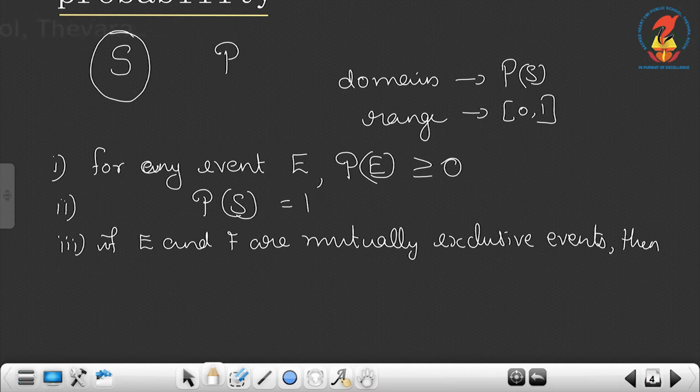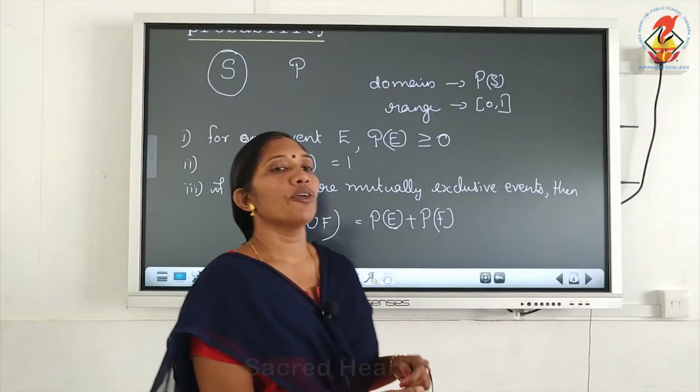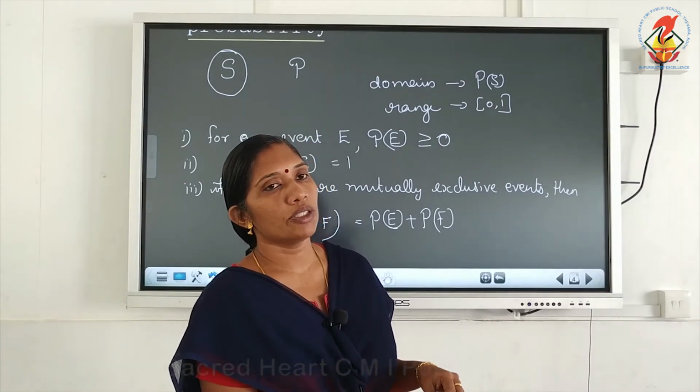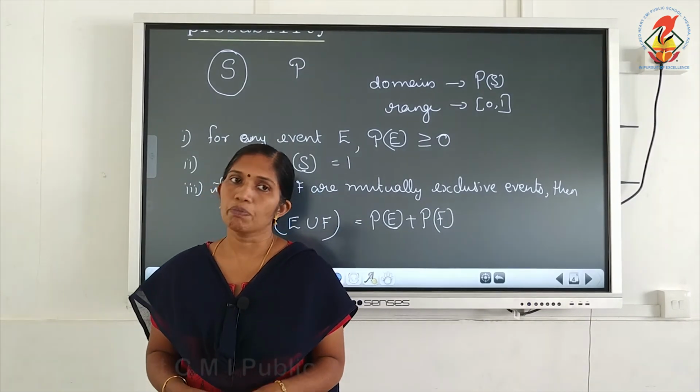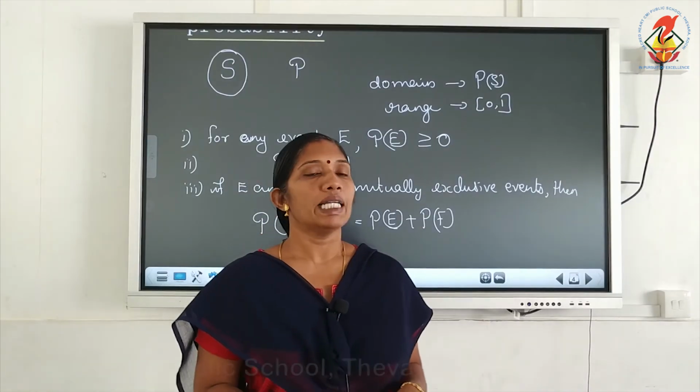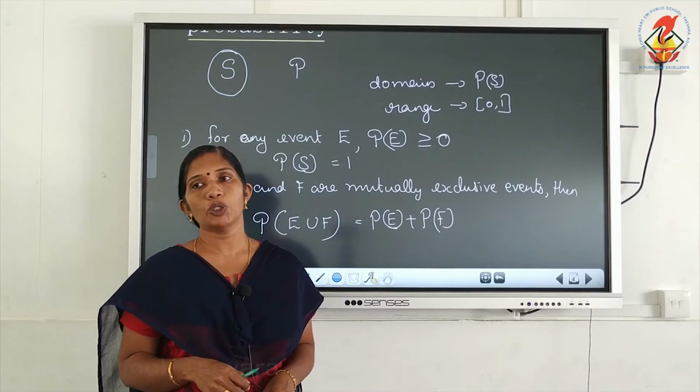So if E and F are mutually exclusive events, then P of E union F, P meaning probability, is equal to P of E plus P of F. Okay, so these are the 3 axioms. For any event E, the probability of E must be greater than or equal to 0. For the sample space S, P of S is equal to 1.